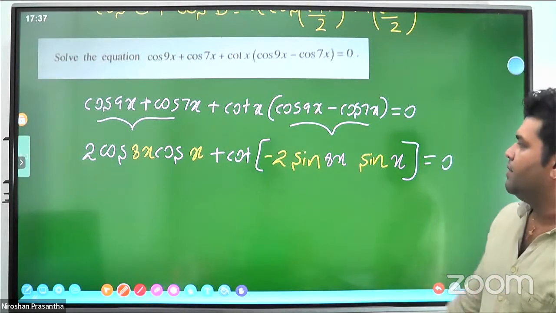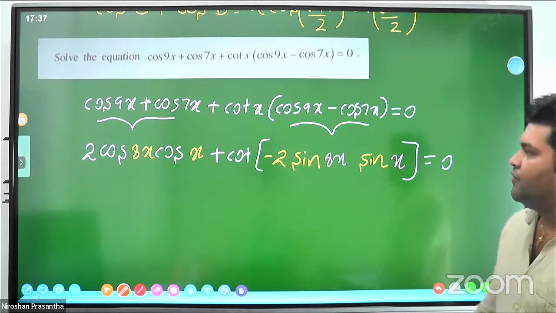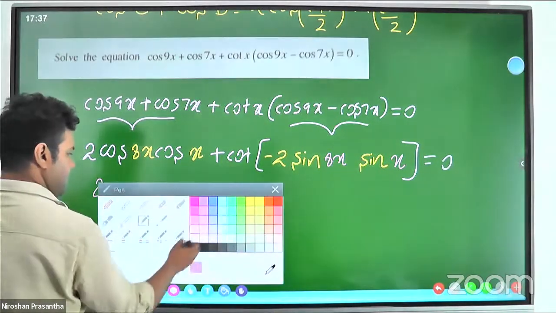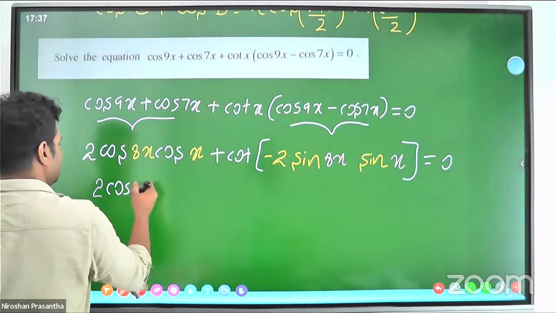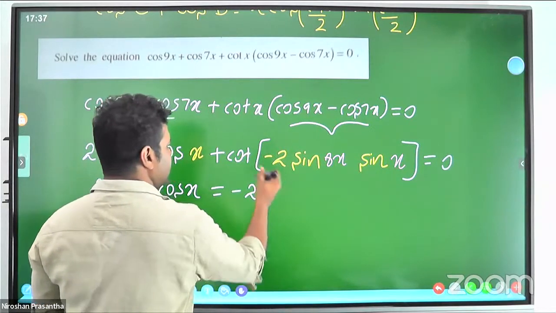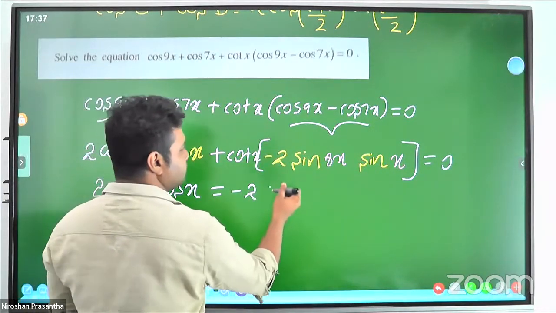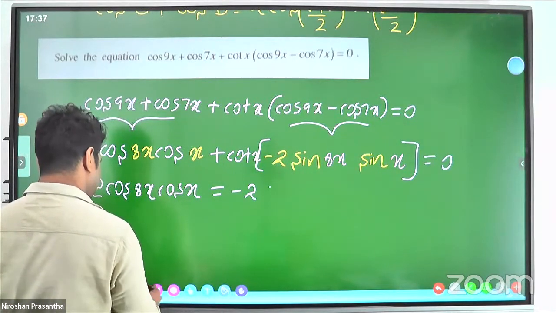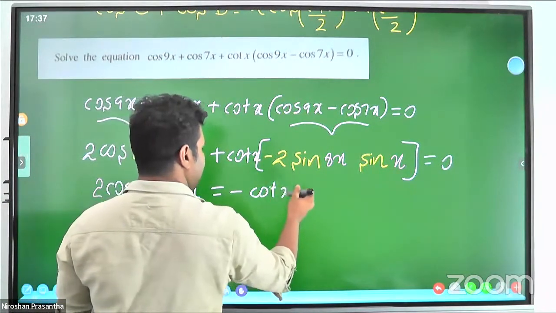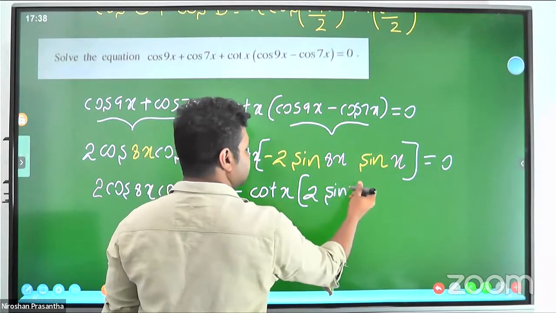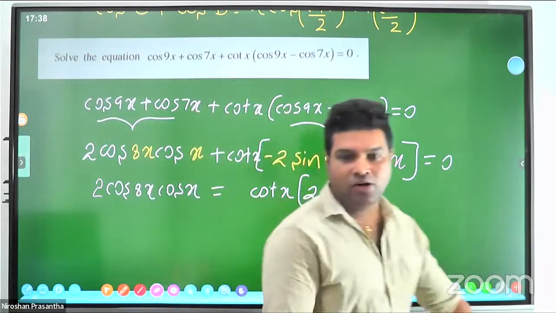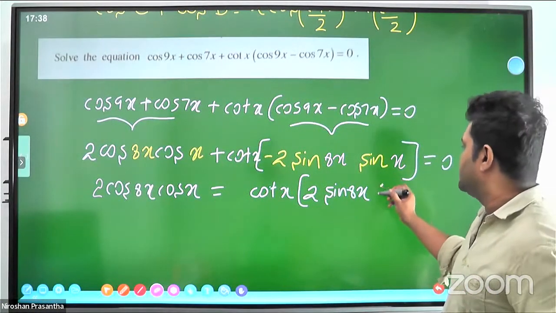Now, due to this negative sign, we can get this to the other side. 2 cos 8x cos x equals minus 2 cot x, and because we took it to the other side, we cannot write the minus again, times 2 sin 8x sin x.